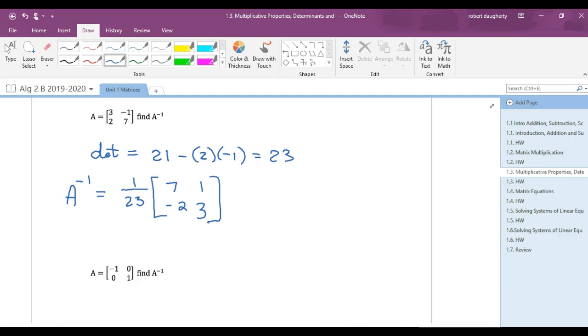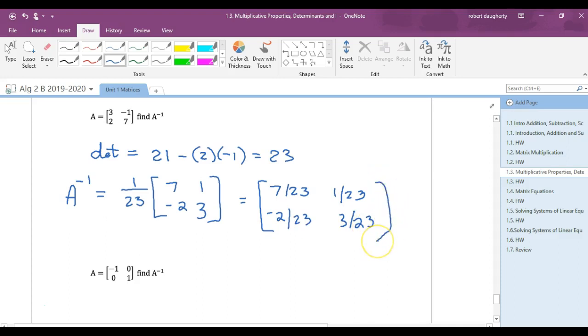Now, final step is just distribute that 23 inside. So your answer is what? 7 over 23, 1 over 23, negative 2 over 23, and 3 over 23. So it's ugly, it has fractions, but you really didn't have to work with them. You hold them out to the end.